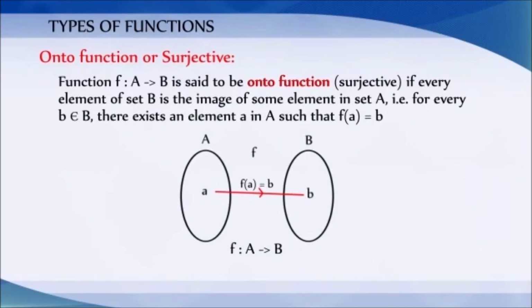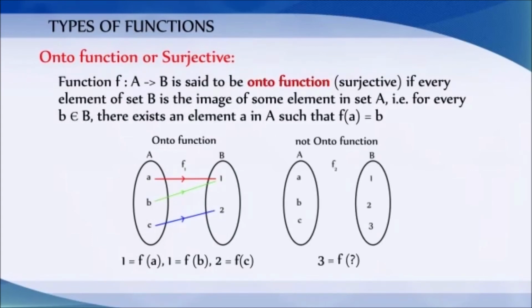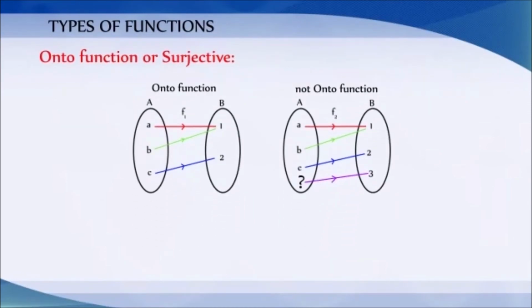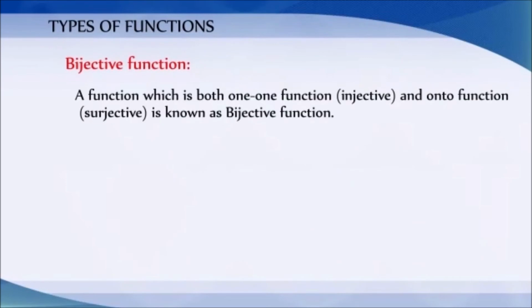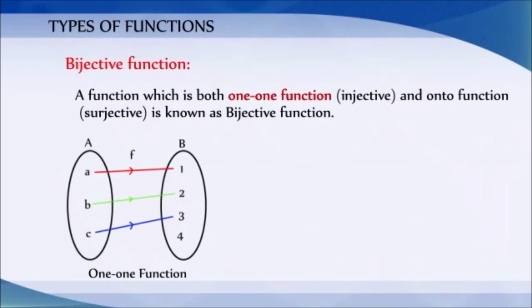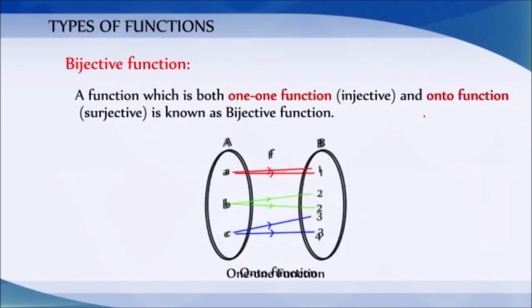In this given example, f1 is onto since every element in set B has a pre-image in set A, whereas the function f2 is not onto because the element 3 in set B does not have a pre-image in set A. We can also say that the given function is onto if its codomain is equal to its range. A function which is both one-to-one, that is injective, and onto, that is surjective, is known as a bijective function.